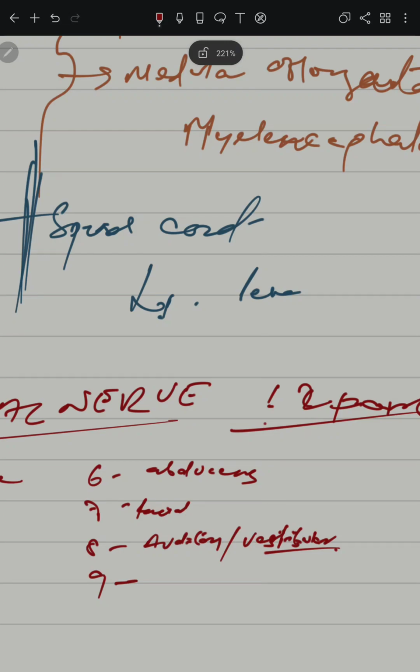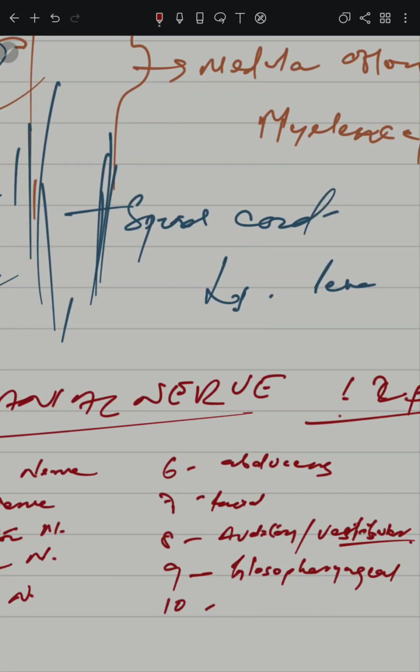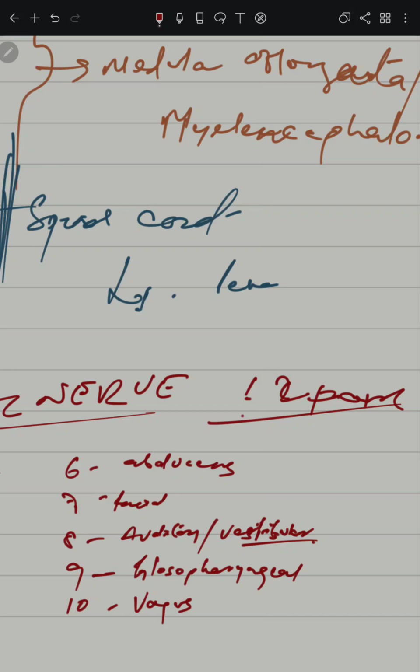And then nine we have the glossopharyngeal, that is the taste nerve. Then ten is called the vagus nerve. It's heart rate and digestion. Eleven is hypoglossal, that is tongue movement.